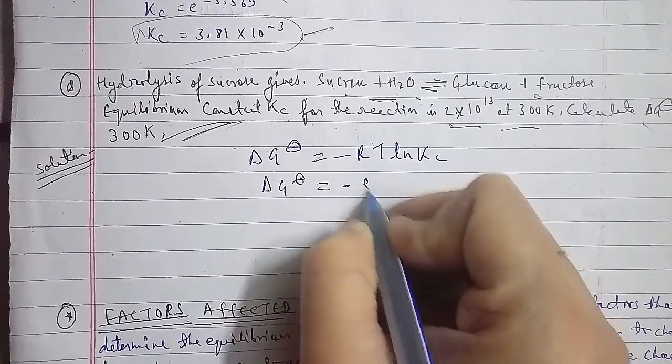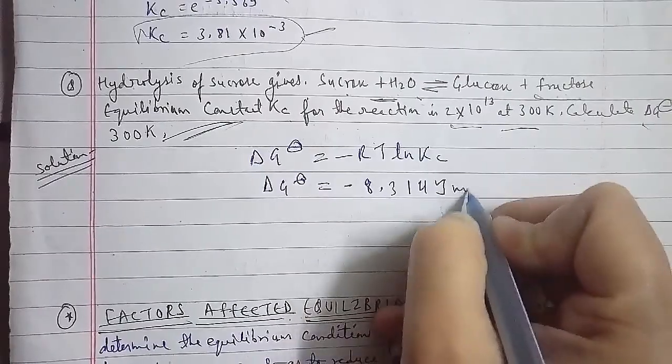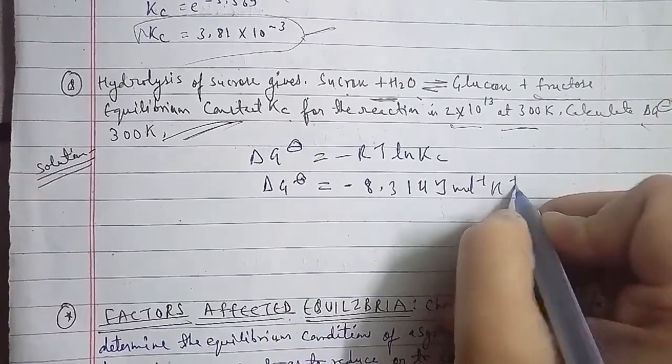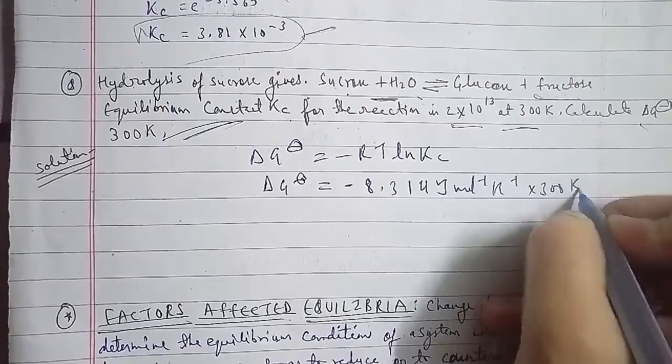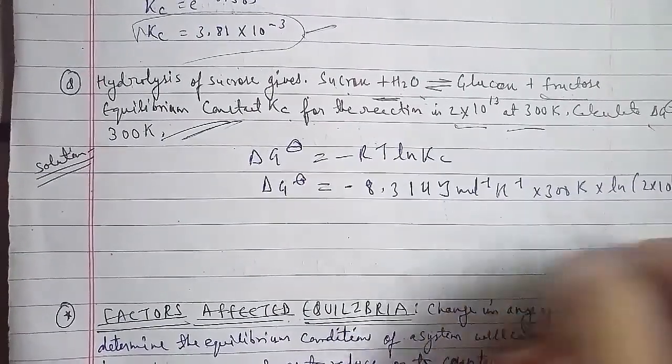When we further solve it, ΔG° is equal to −7.64 × 10⁴ J mol⁻¹. This will be the answer at the temperature given as 300 Kelvin.